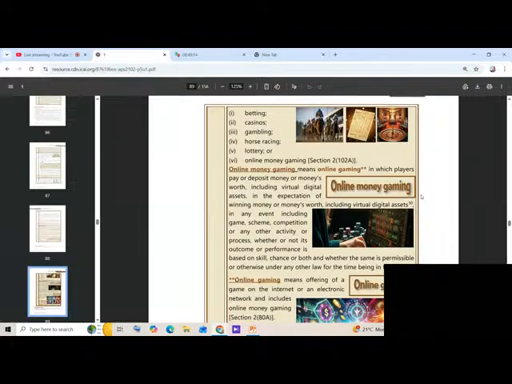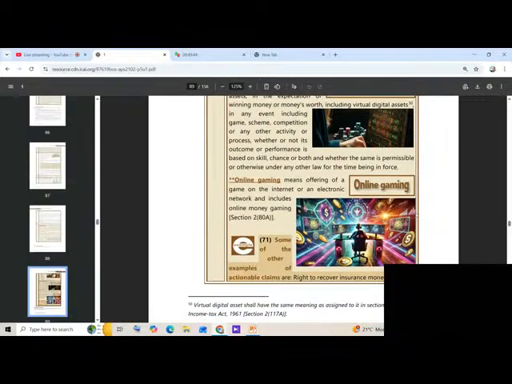Online money gaming means online gaming in which players pay or deposit money or money's worth, including virtual digital assets, in the expectation of winning money or money's worth, including virtual digital assets, in any event, including game, scheme, competition, or any other activity or process, whether or not its outcome or performance is based on skill, chance, or both, and whether the same is permissible or otherwise under any other law for the time being in force. Online gaming means offering of a game on the internet or an electronic network and includes online money gaming.